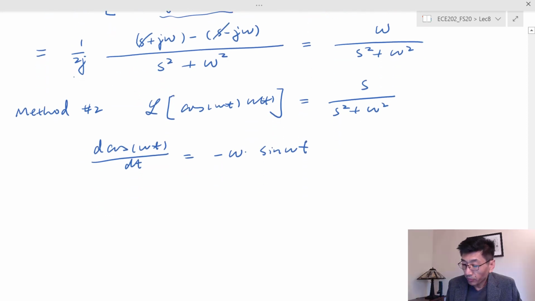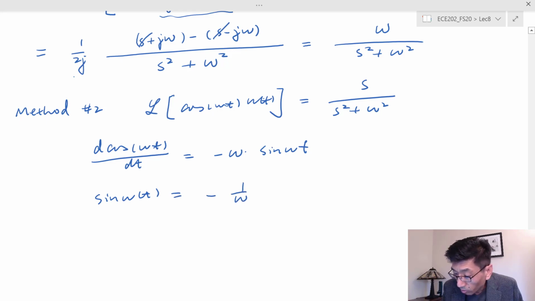So therefore, the sine omega t should be equal to negative 1 over omega d cosine omega t dt.